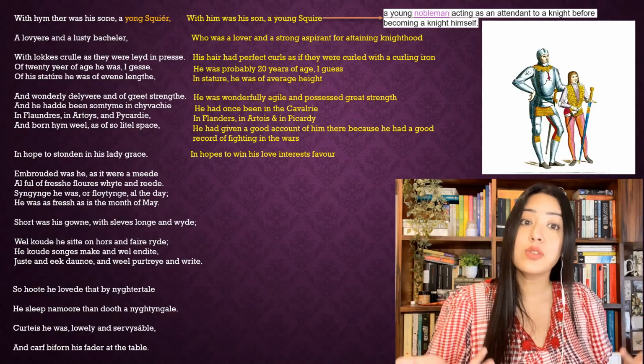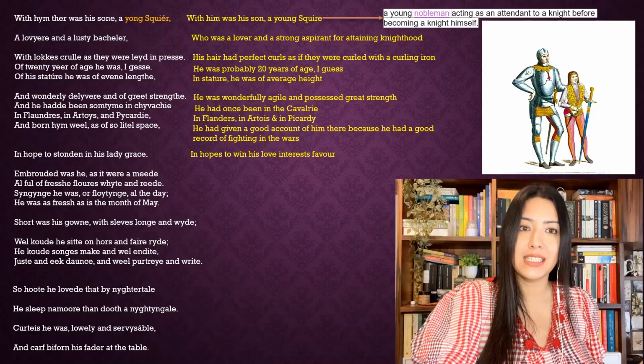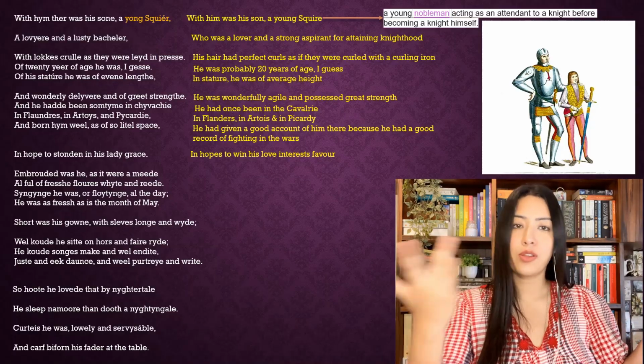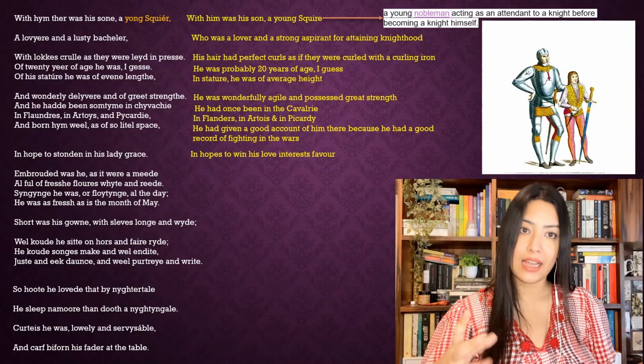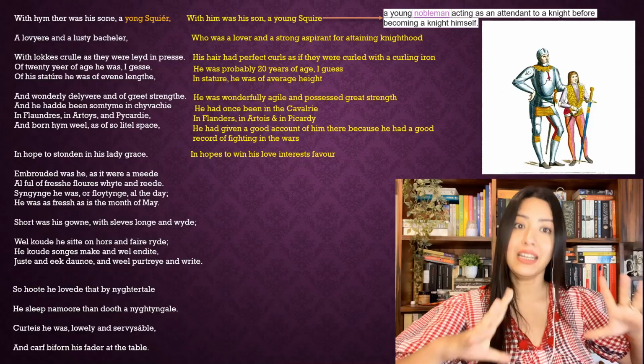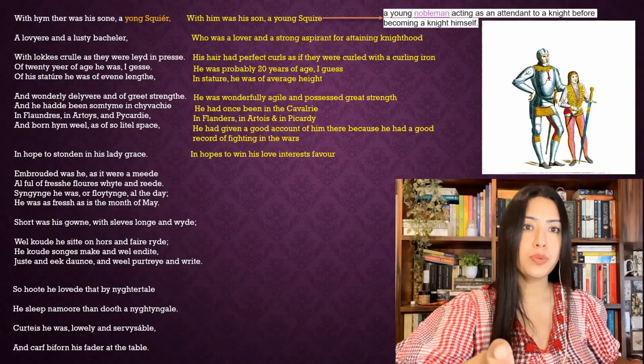His father had years of experience, but he is just 20 years, so his priorities are all messed up. And in stature he was of average height. He was agile, very swift and very athletic and very active, but he also possessed great strength.